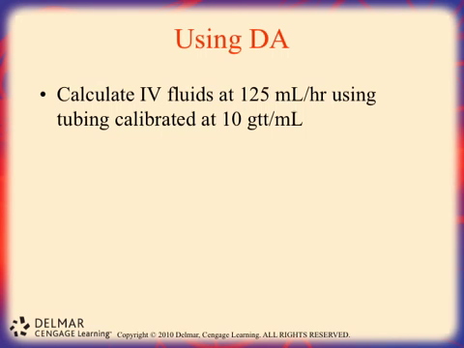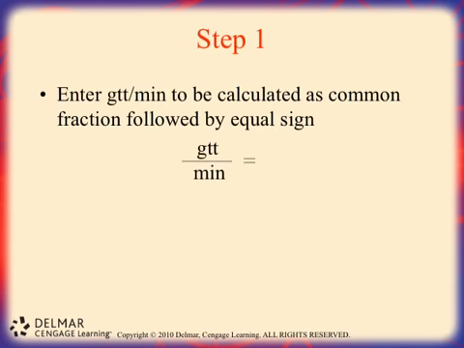So for this one, calculating IV fluids at 125 milliliters per hour using tubing calibrated at 10 drops per milliliter, we want to put on the left side of the equal sign drops per minute equals. Drops per minute is what we will be looking for in this equation.